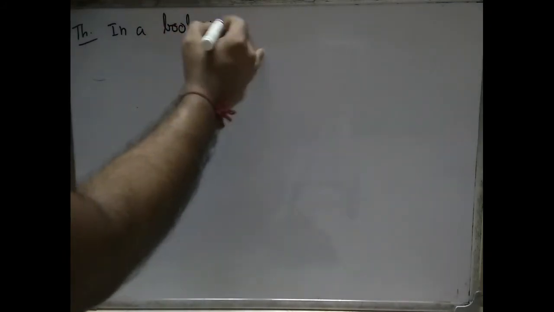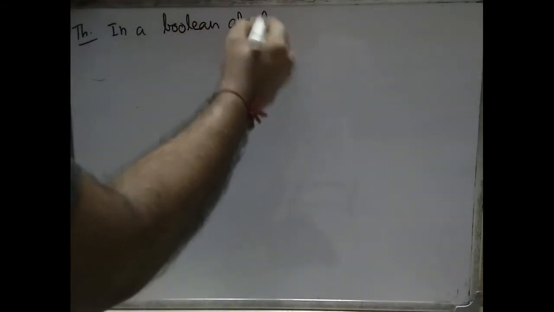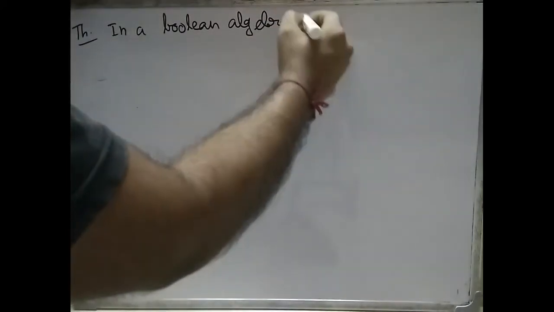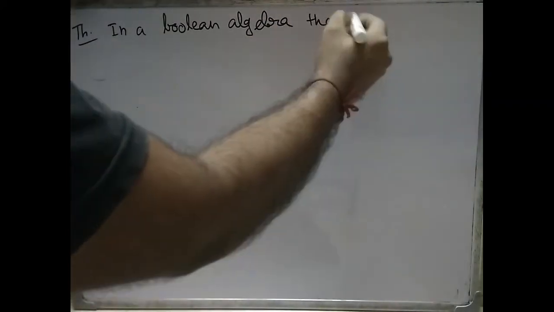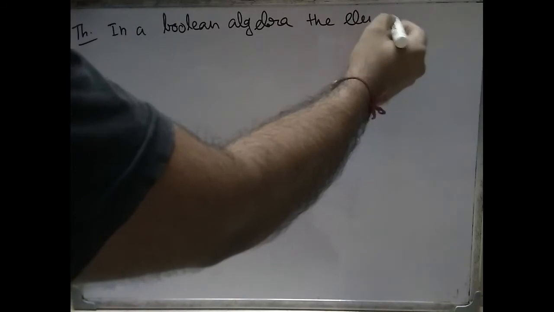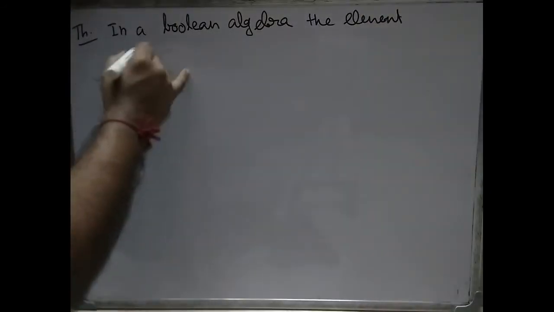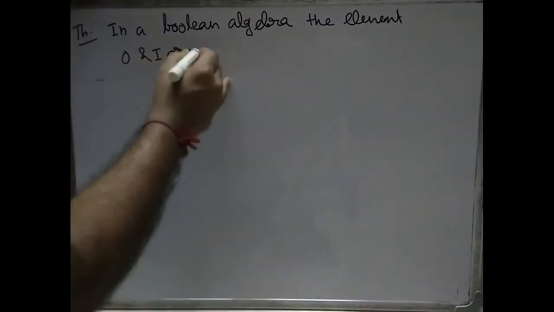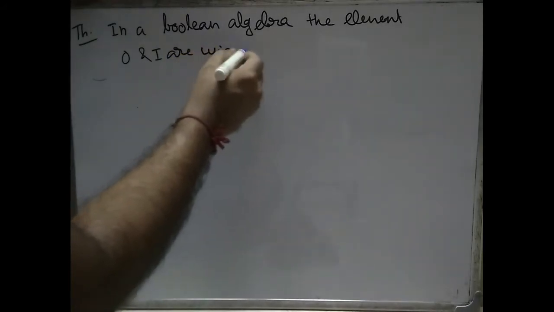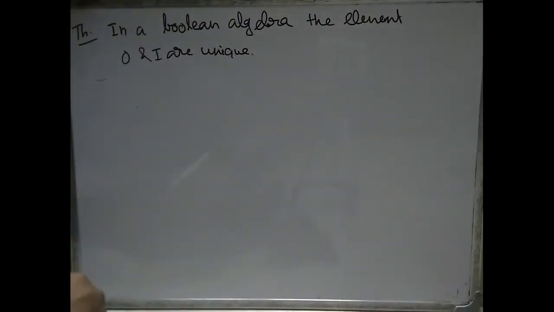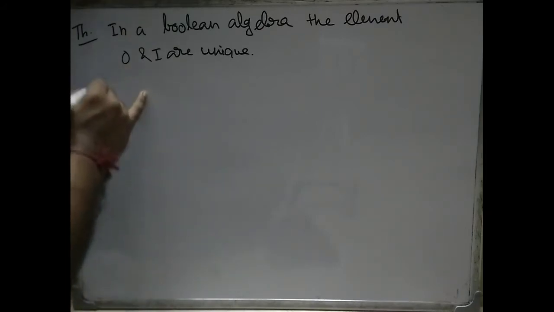Now one theorem: in a Boolean algebra, the elements 0 and I are unique. Proof.